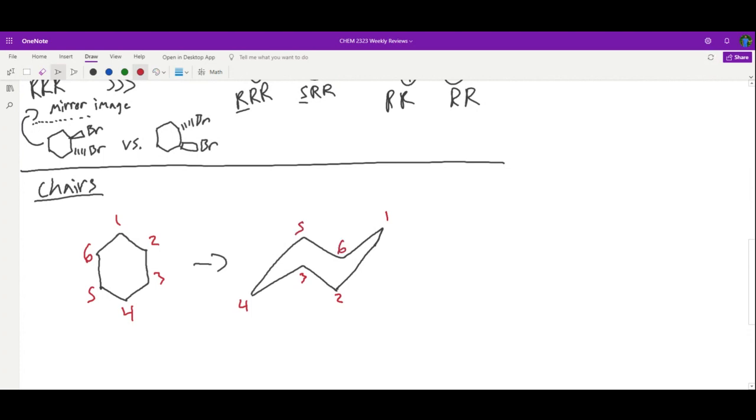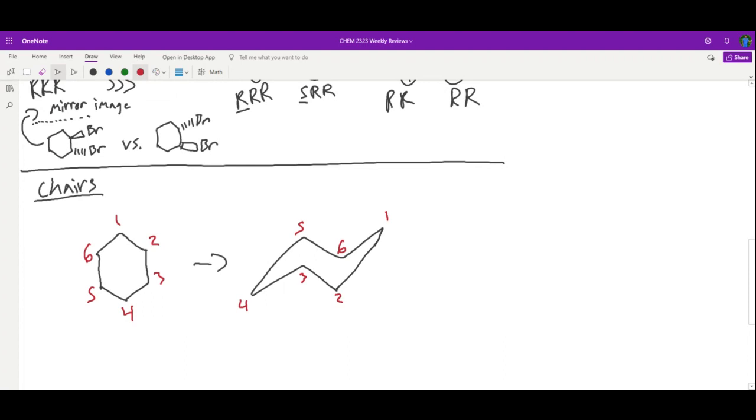Whatever group you assign 1 here, it's going to be the 1 on the same direction. Usually you want to put your bulkiest group on carbon 1 or whatever equatorial position you decide to, because your bulkiest group could be on carbon 2.